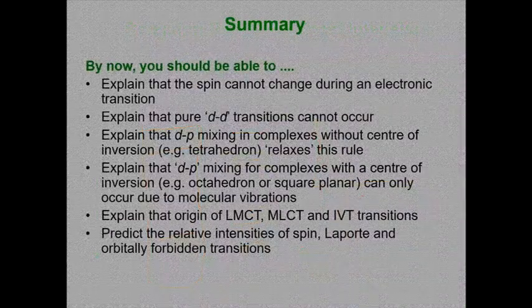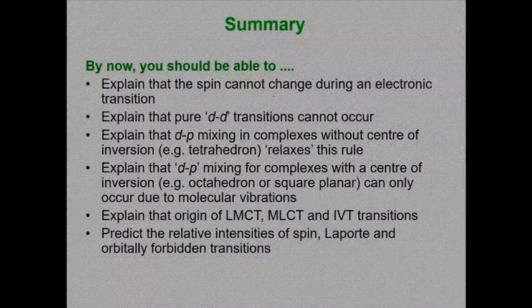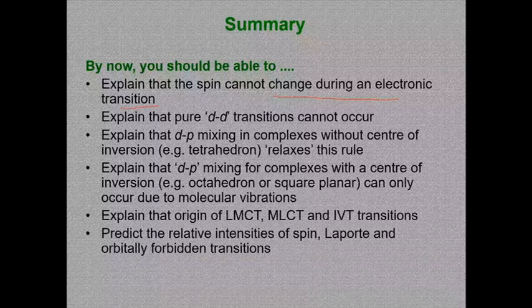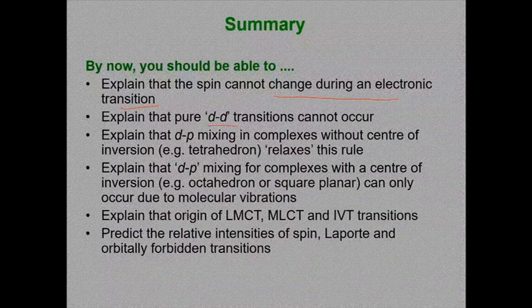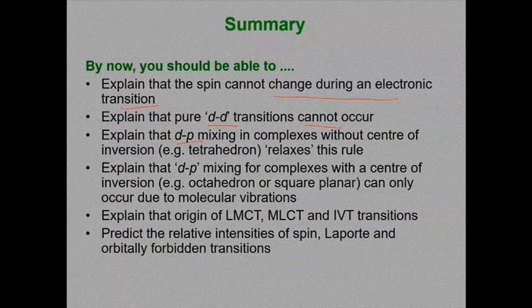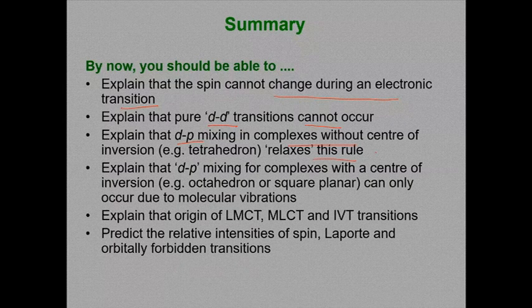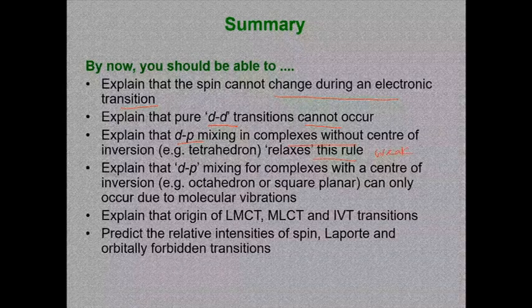And this is what we have seen so far explained. The spin cannot change during an electronic transition. Explain why pure d-d transitions cannot occur. Explain that d-p mixing in complexes with a center of inversion relaxes this rule, so you get some weak peaks.